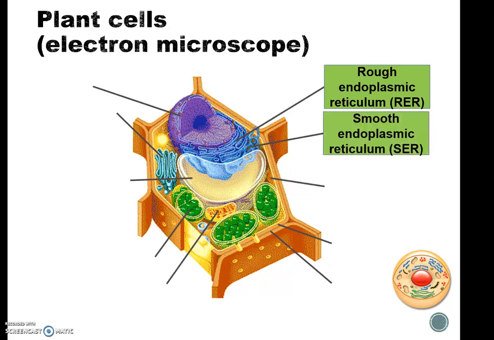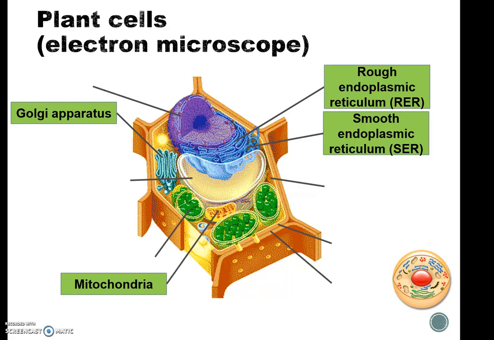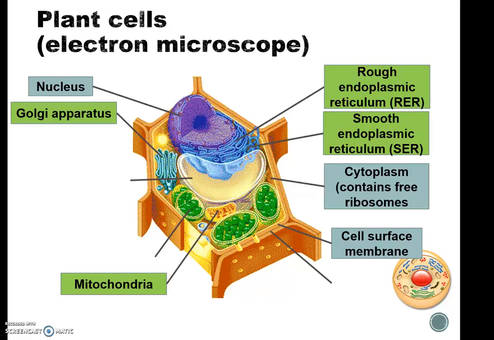The smooth one, these membrane things that are more like tubes but don't have ribosomes. Again, the Golgi are the stacks a bit further from the nucleus. The mitochondria you find as well, the sausage-shaped things. Membrane, again, nucleus, and cytoplasm. I don't see the free ribosomes here, but you should find some inside.